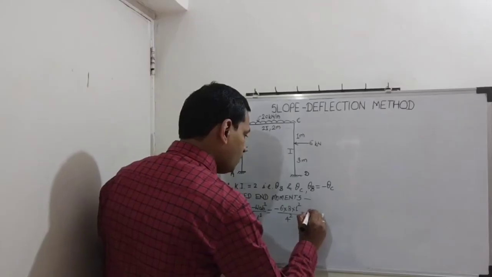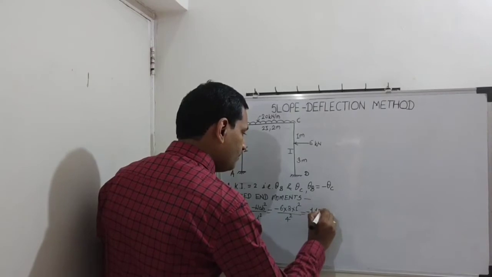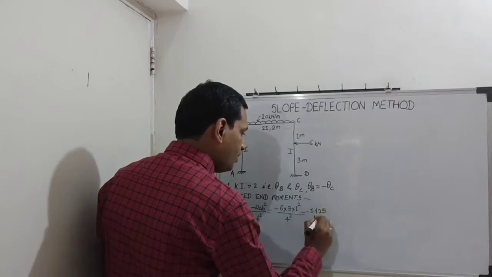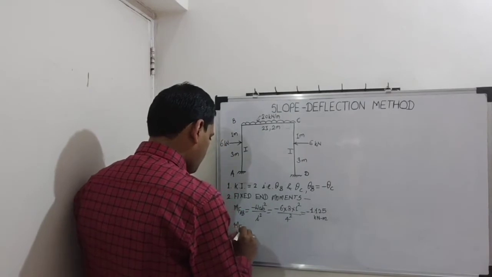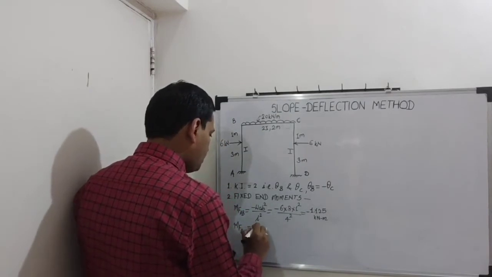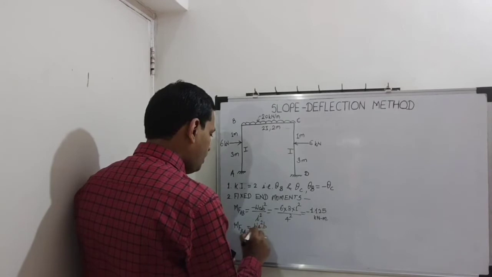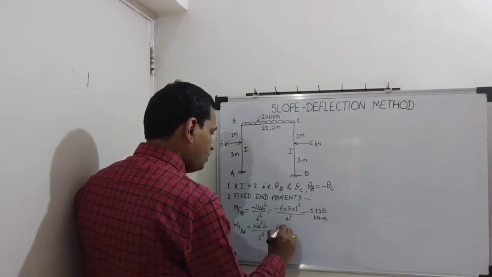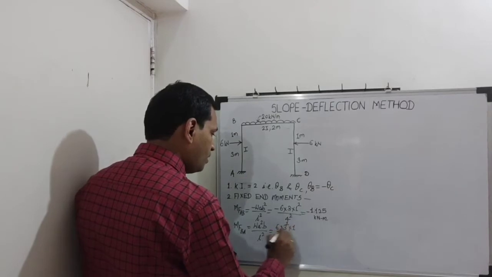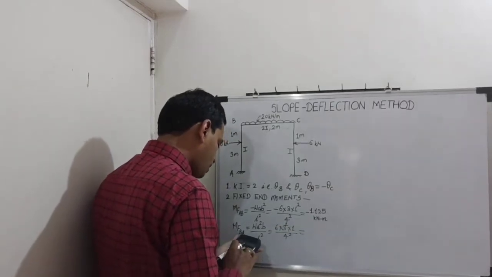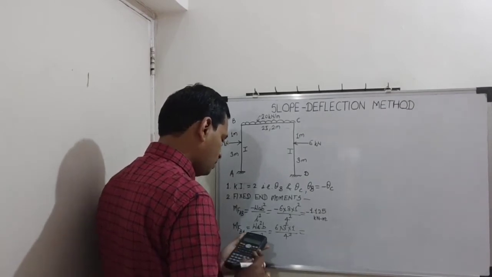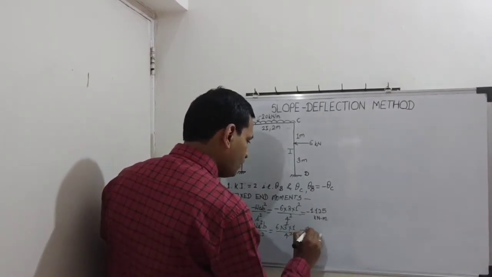It is minus 1.125 kilonewton meter. Next, MFBA. What will be MFBA? Plus W a squared b upon L squared. So it will be plus 6 into 3 squared into 1 upon 4 squared. So 6 into 3 squared upon 4 squared is 3.375 kilonewton meter.